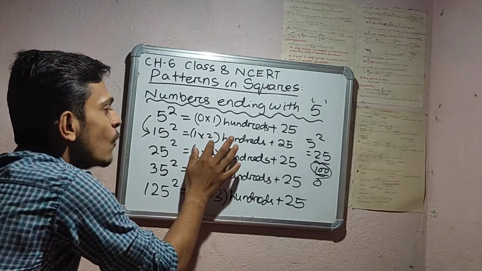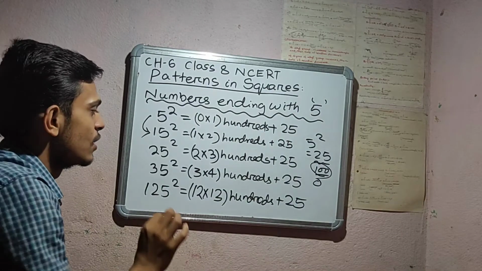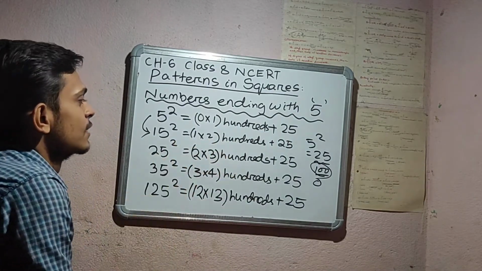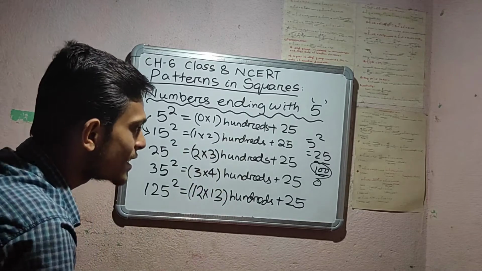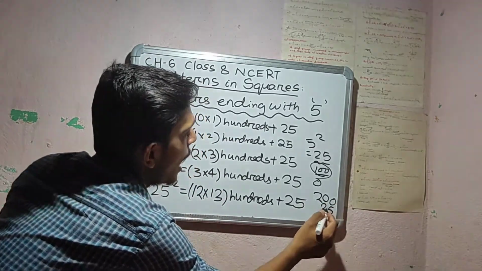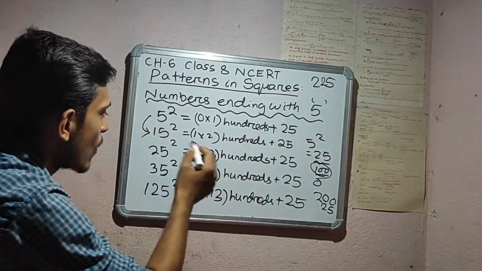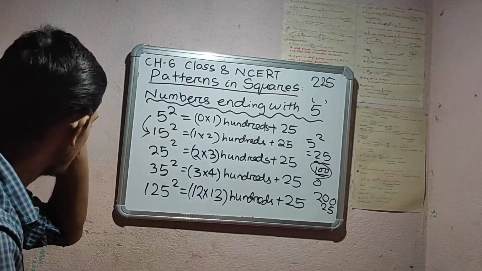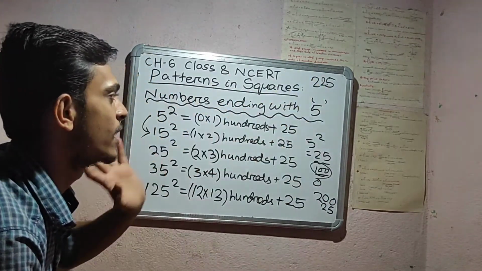That is 1 into 200 plus 25, which is added in all the patterns. Clear? So that becomes 1 into 200, that is 200, plus 25. How much? That is 225, which is the square of 15. We have already multiplied 15 with 15 and got this 225.